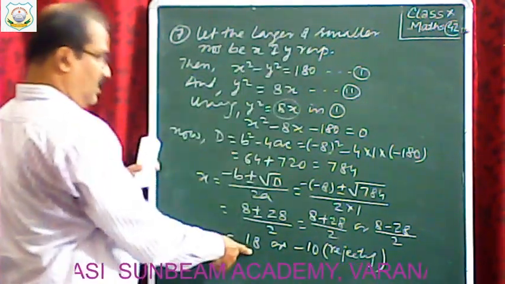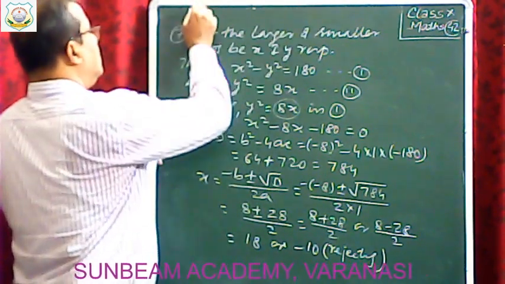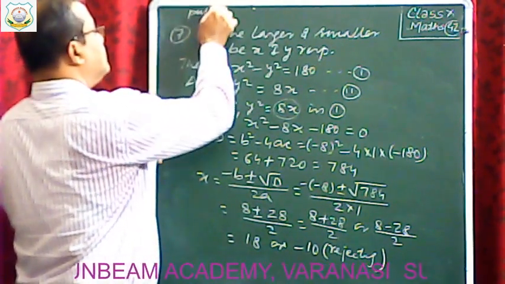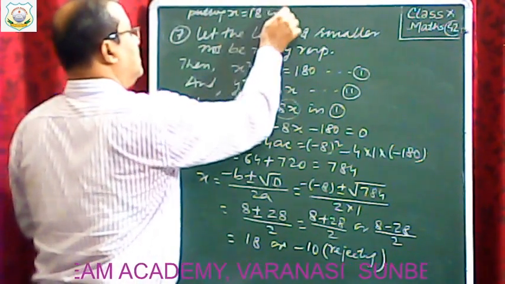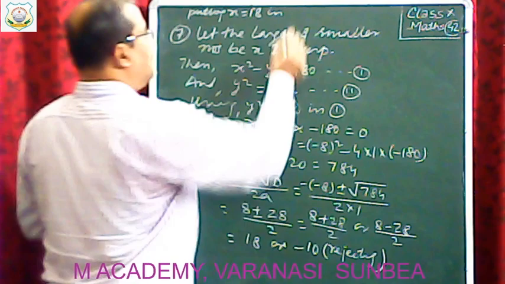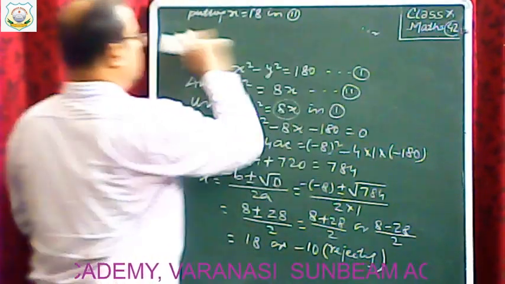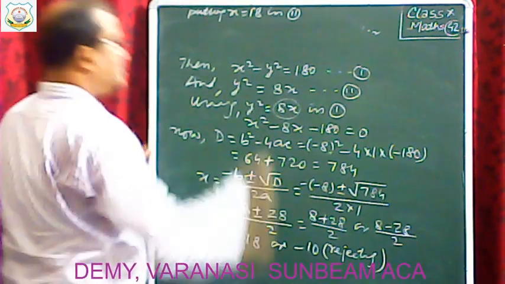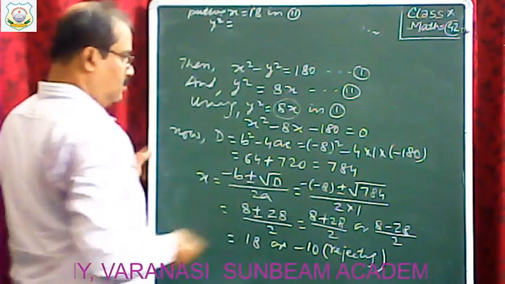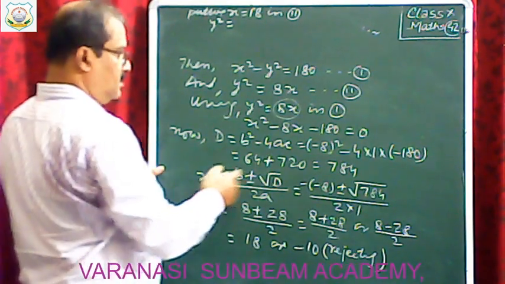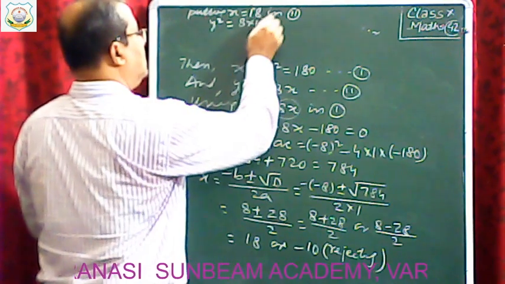Then the required number you have to find out. x equal to 18 we have to put in the second equation. So y square equal to 8x, that is 8 into 18.